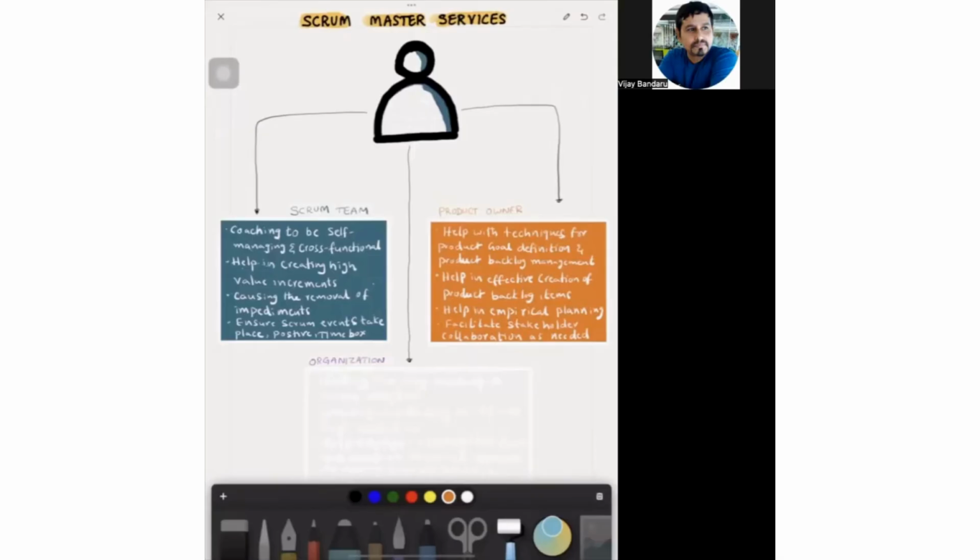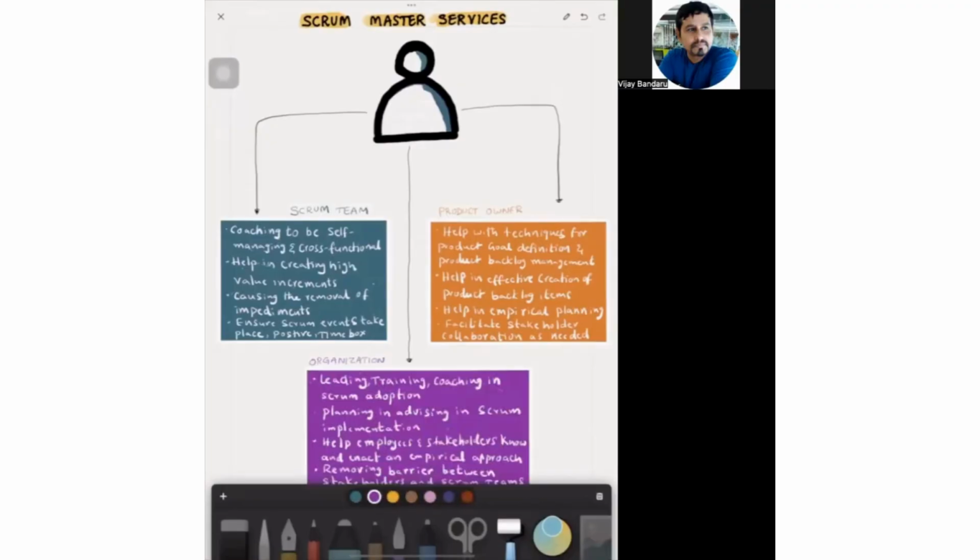They help in effective creation of product backlog items, in terms of user stories or any other better way, whatever is suitable, by teaching the formats or giving examples. They help a product owner in empirical planning, such as release planning or any other things where the product owner needs some assistance or guidance. And the Scrum Master also facilitates stakeholder collaboration for the product owner when required.